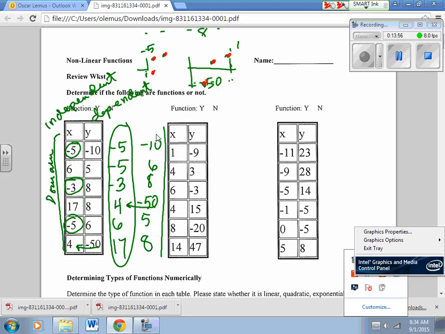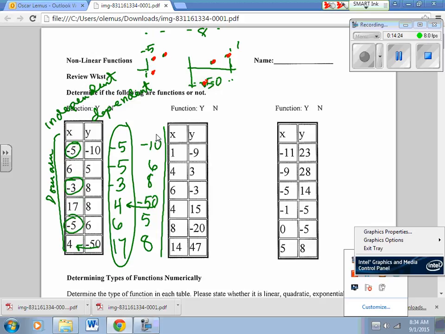Does that look like a linear graph with all those points like that? A linear means what? Straight line. Look at your paper. Red graphs. Very first one is a linear function, yeah? Their slopes are going to be constant, okay?